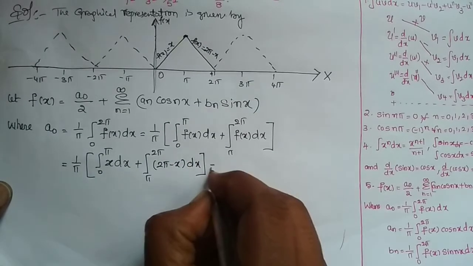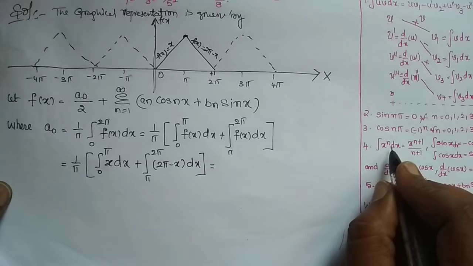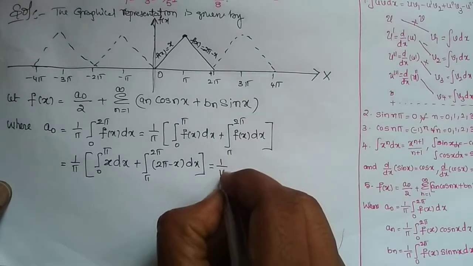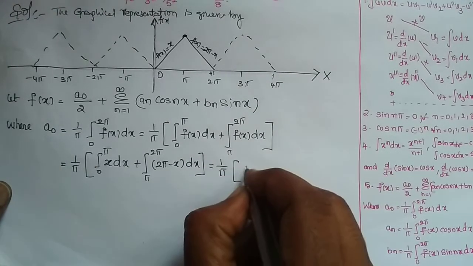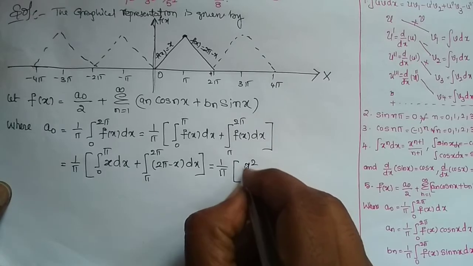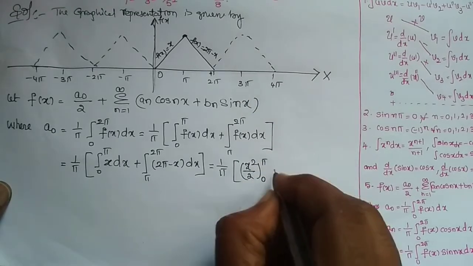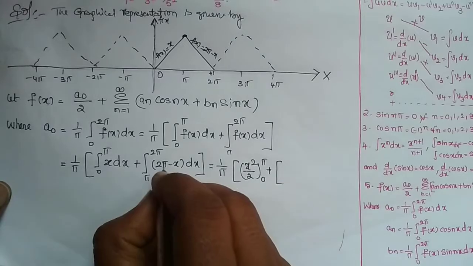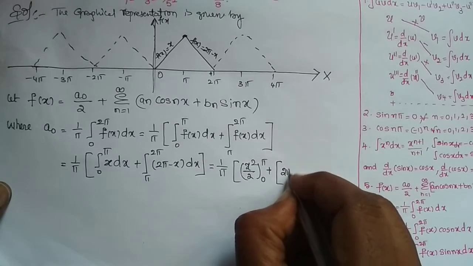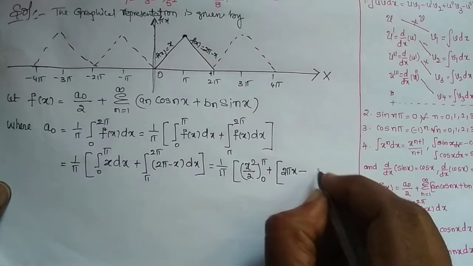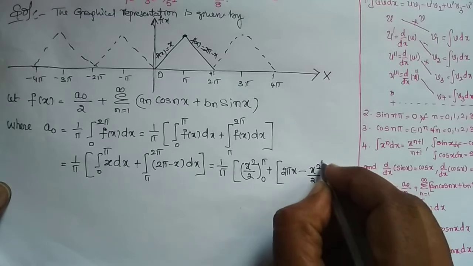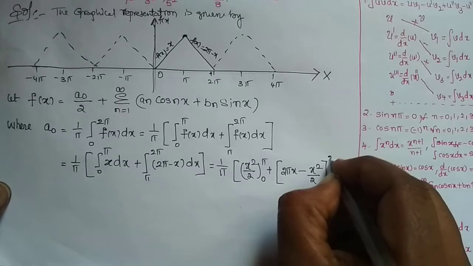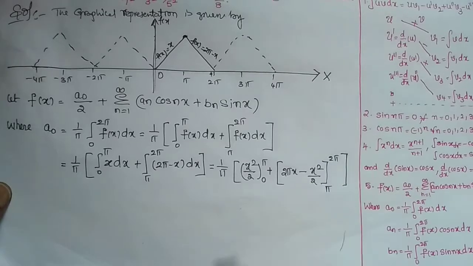Now I am going to take the integration. It is in the form of integral x power n dx. 1 by pi into integral of x dx is x square by 2, with limits 0 to pi. For the second, the integration of 2 pi is 2 pi x, and of x is x square by 2, with limits pi to 2 pi. Then the limit substitution.